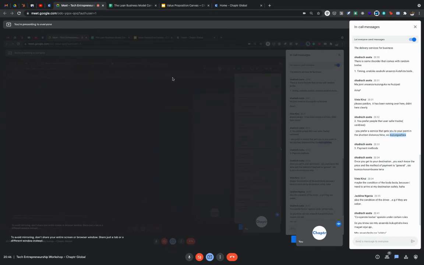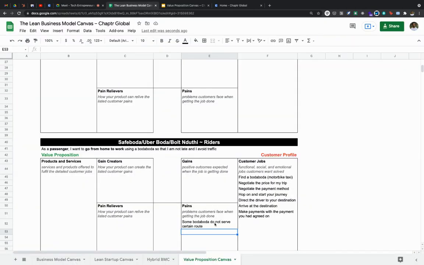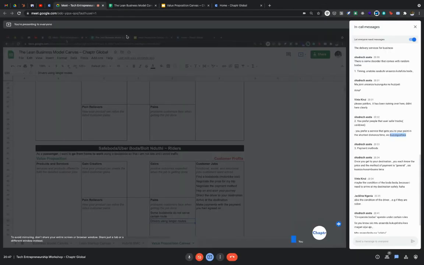Yeah, so kuzungushwa, I will call another pain point: drivers using longer routes. That corresponds to when you hop on and start your journey and you're directing the driver to your destination. Drivers using longer routes is a big pain for a lot of customers, particularly when you don't know the area.